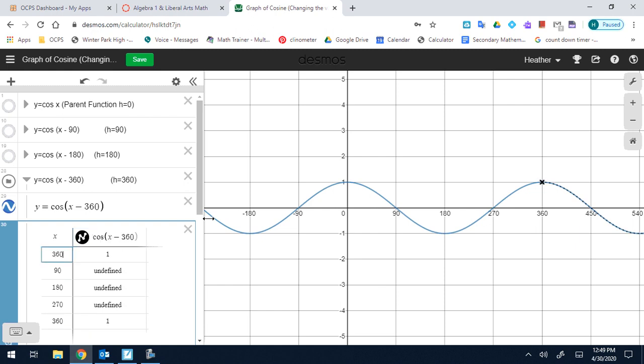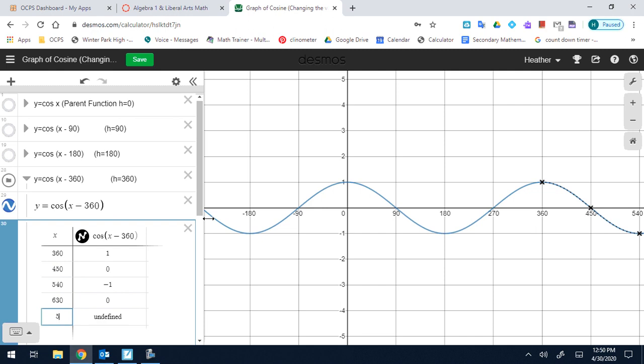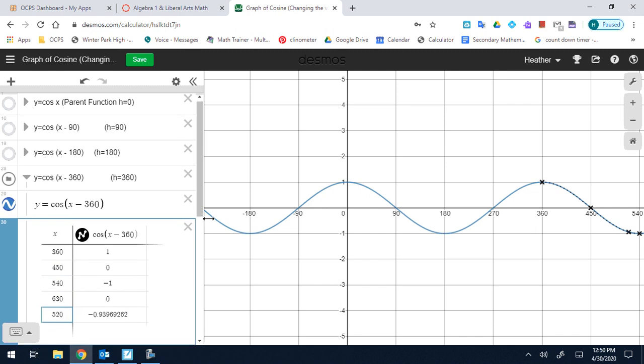And if I'm doing my quadrantal angles, I'm going to be adding 90. So 450 and then 540. Hopefully I'm adding these right. I am, because I'm getting 1, 0, -1. The next one should be 0 again. Adding 90 will be 630 and then 720. I accidentally subtracted.